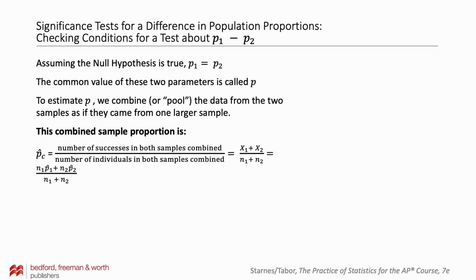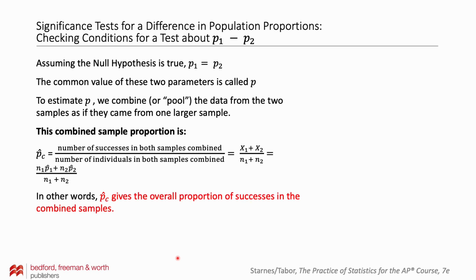So the combined sample proportion, P hat combined, that's why we use the C, is the number of successes in both samples combined over the number of individuals in that sample. So we use X sub 1 plus X sub 2, combining the two samples and the sample sizes as well. And that's how we're going to end up with the new pooled value.